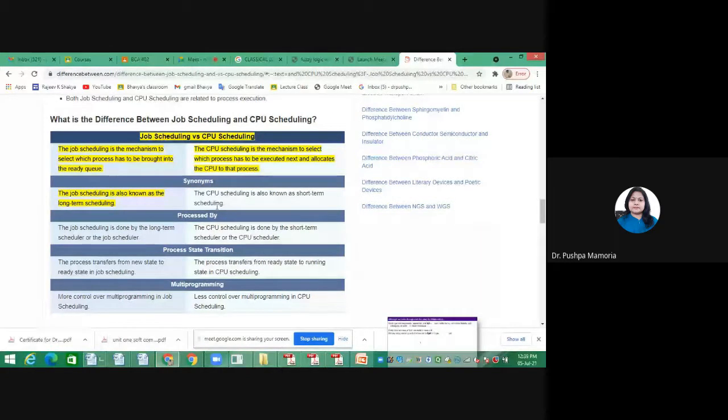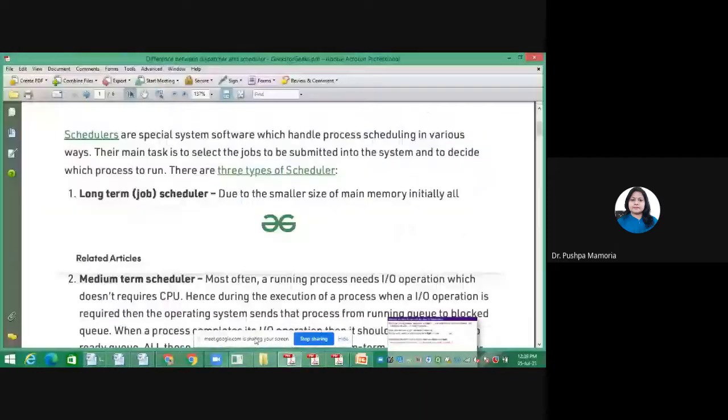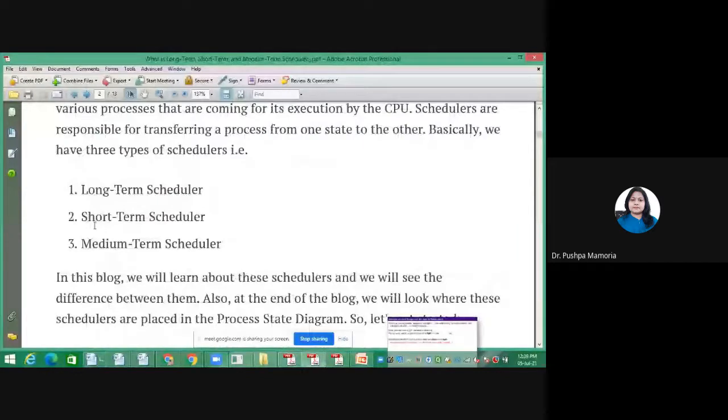Job scheduling is done by the long-term scheduler or the job scheduler, and CPU scheduling is done by the short-term scheduler. Now you can see the difference between these three: long-term scheduler, short-term scheduler and medium-term scheduler, right?